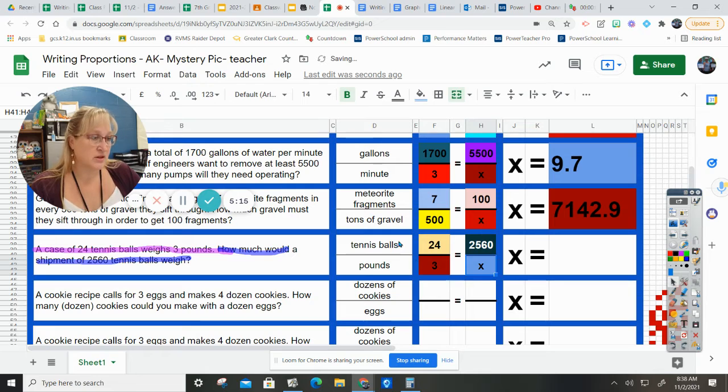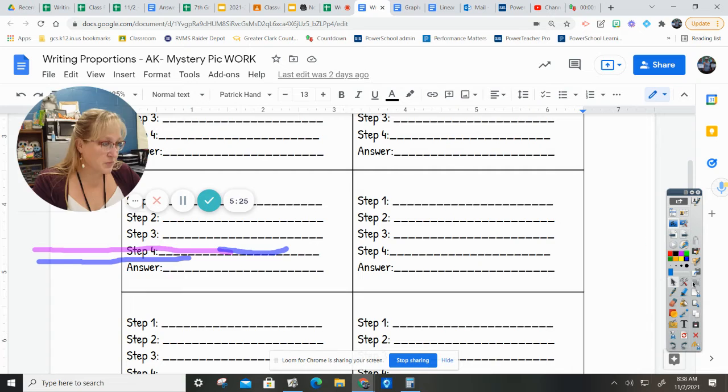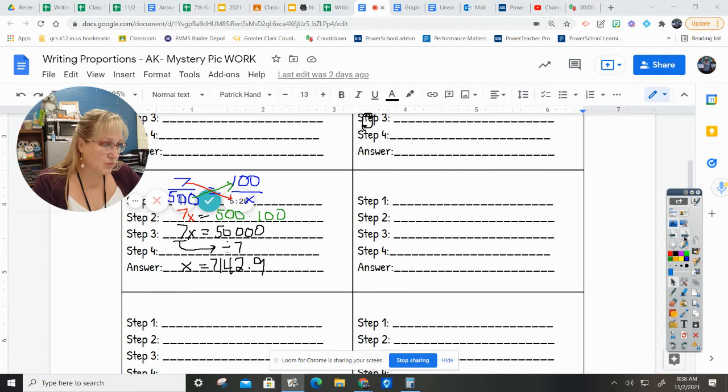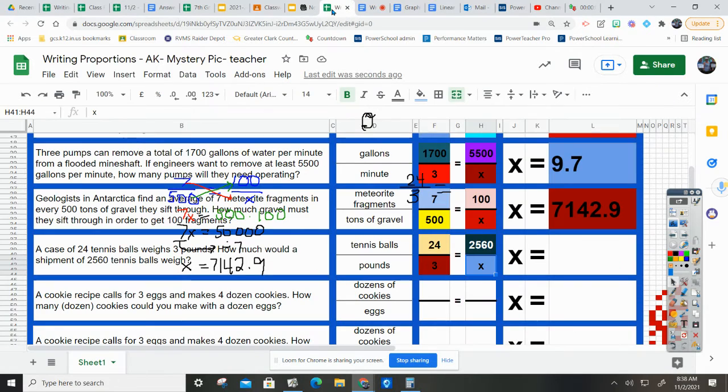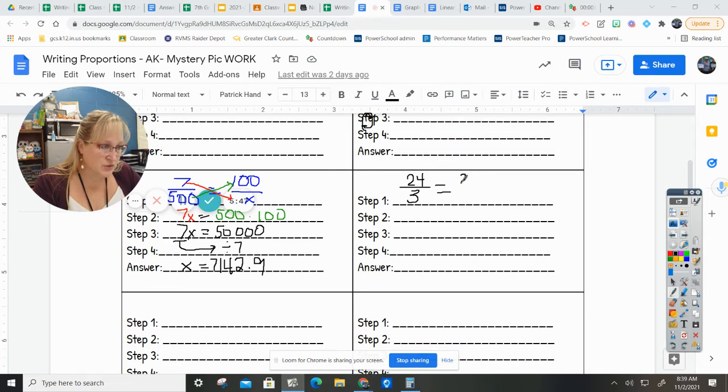So that's our x. So we have set up our proportion from the problem, which is 24 over 3 equals 2,560 over x. So I'm setting up that proportion. 24 over 3 equals 2,560 over x.